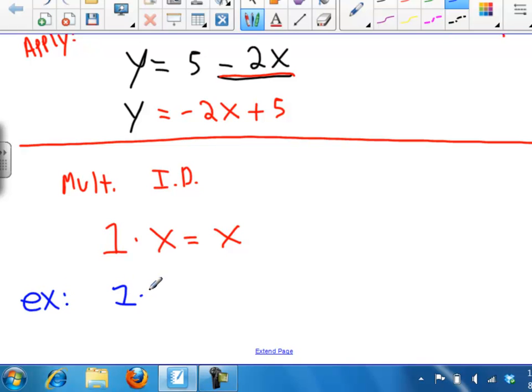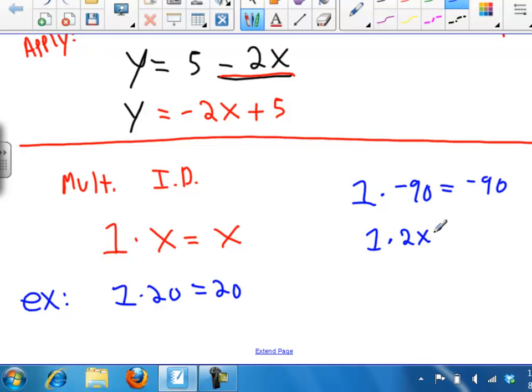What's 1 times 20? It's 20. What's 1 times negative 90? It's negative 90. What's 1 times 2xyz? It's 2xyz. And we can even use the understanding that what's 7x times y times 1, right?